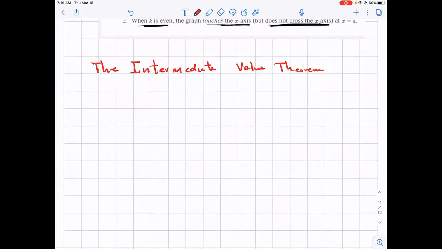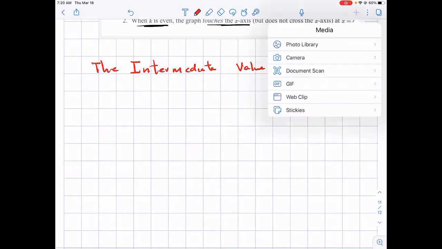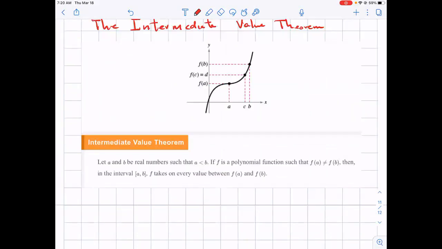Basically, what it's saying is that if you look at two points on the graph of a polynomial, and the y values are not the same, then there is some x value that falls between those two y values. Let's look at this from a graphical perspective, and we will talk about this more in detail later.